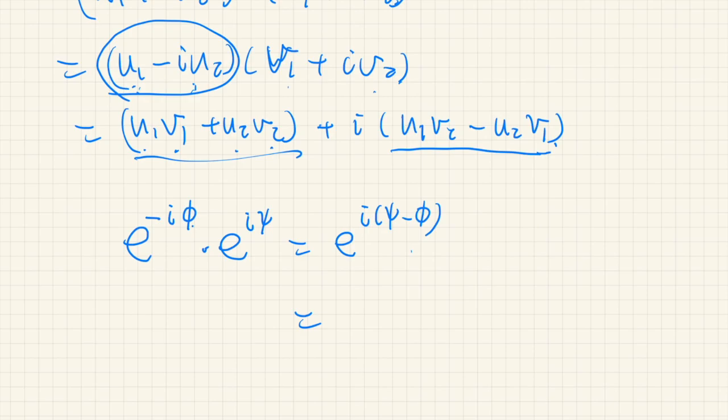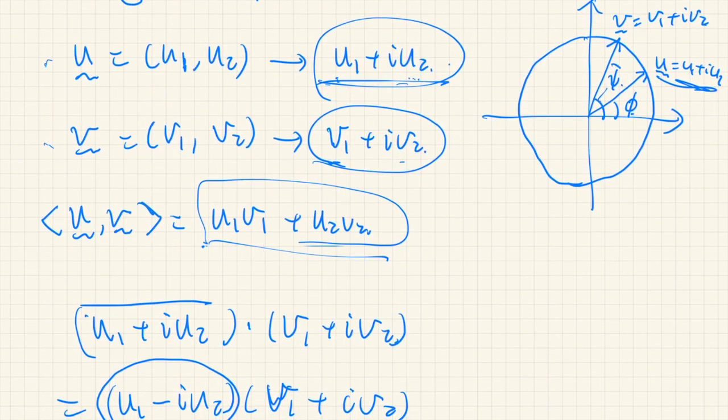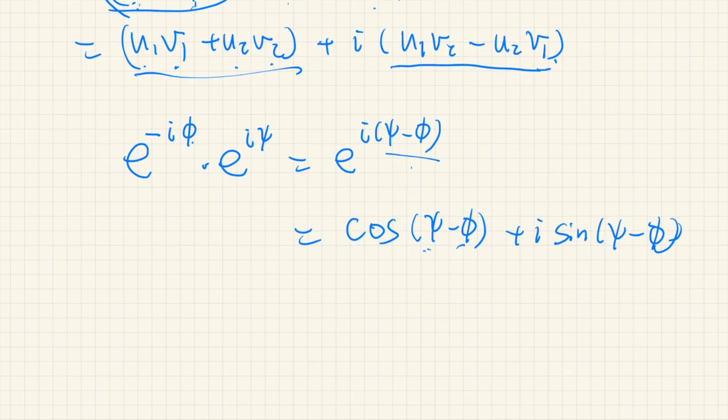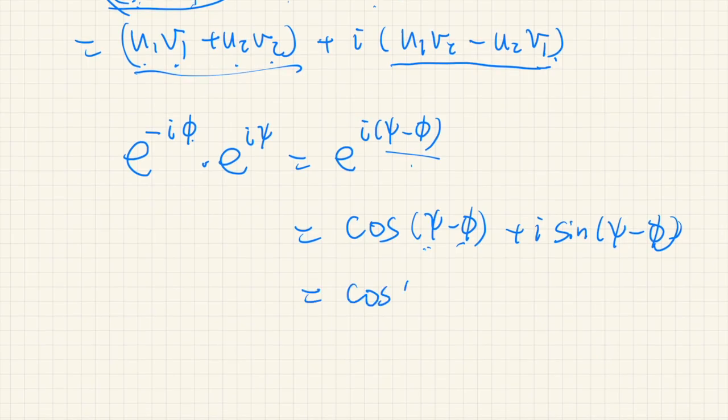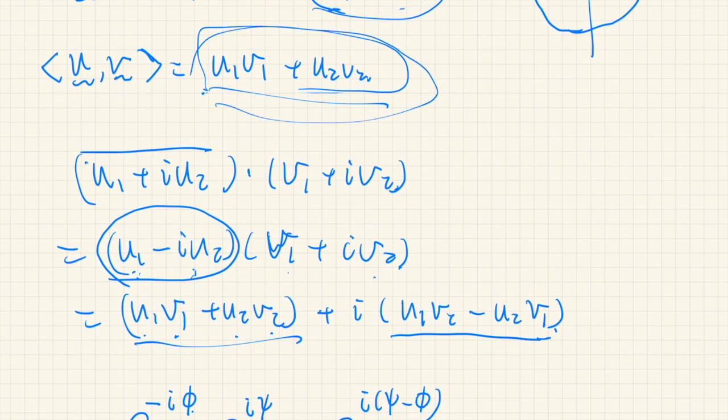In terms of sine and cosine, the real part becomes cosine of this angle, and the imaginary part is sine of this angle. So this psi minus phi is the angle between these two vectors. Okay, let's say it's theta. Then we have this. So cosine theta is the dot product if the two vectors are unit vectors.